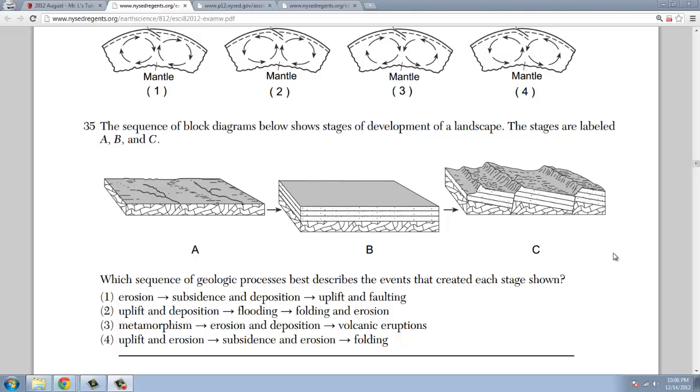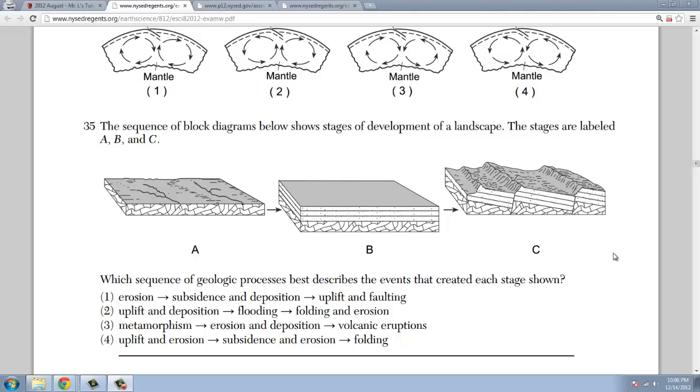Well, what you should know is that deposition is the depositing of new sediments in an area or a place. So that looks like deposition to me. So I think that's probably looking good. And we said erosion is pretty good. So number 1 looks like a pretty good answer. Number 2 says flooding. I don't see any evidence of flooding. Those are definitely rock layers.